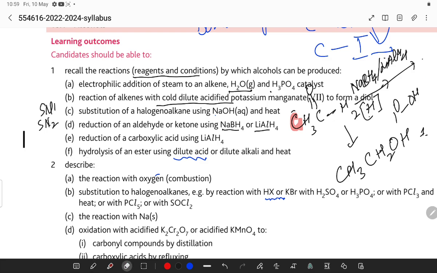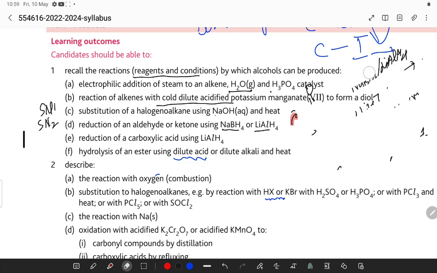So next reaction is reduction of carboxylic acid using lithium aluminum hydride. So reduction of carboxylic acid cannot take place in the presence of NaBH4. This only takes place in the presence of lithium aluminum tetrahydride.